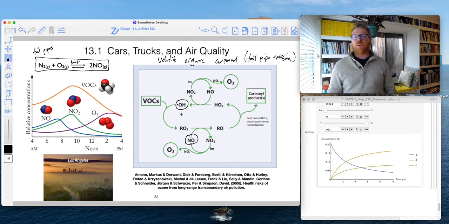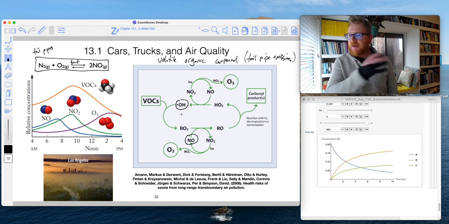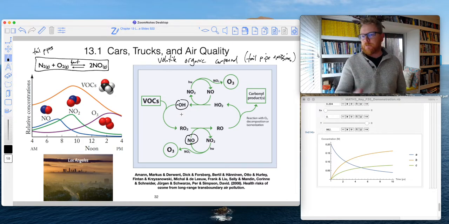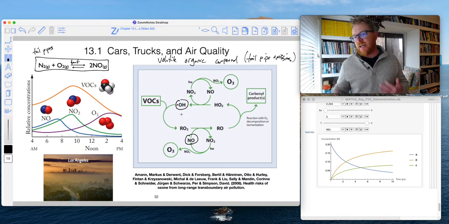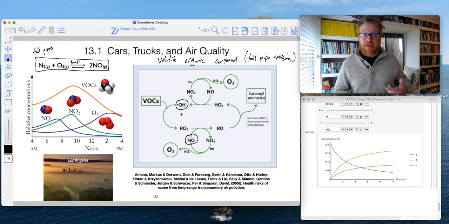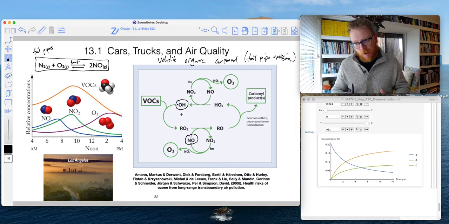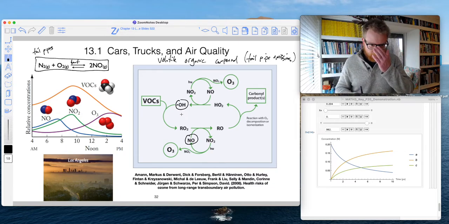OH radical occurs naturally. There is a natural creation of the OH radical in Earth's atmosphere, very much like there's a natural depletion of ozone in Earth's atmosphere, but it's balanced by environmental cycles and ecological cycles, okay? So without human intervention, we would have some VOC and some OH radical, albeit at very, very small concentrations, okay?